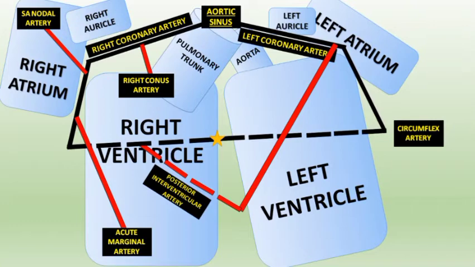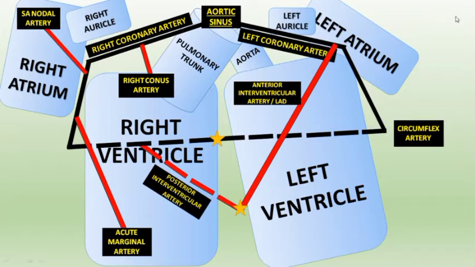This artery runs down directly to the interventricular septum, that is between the two ventricles, and anastomoses with the posterior interventricular artery. This artery is called the anterior interventricular artery, that is, it is running anterior to the left ventricle and interventricular between the two ventricles. It is also called the left anterior descending artery.